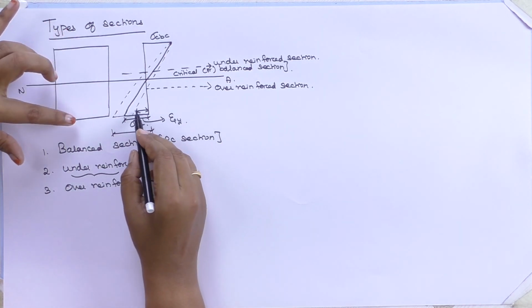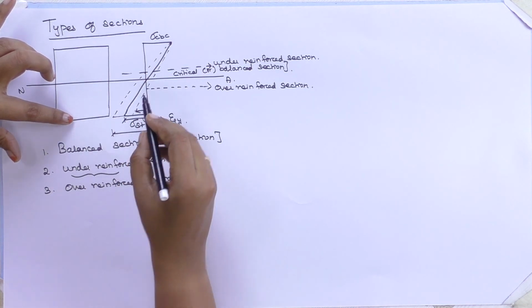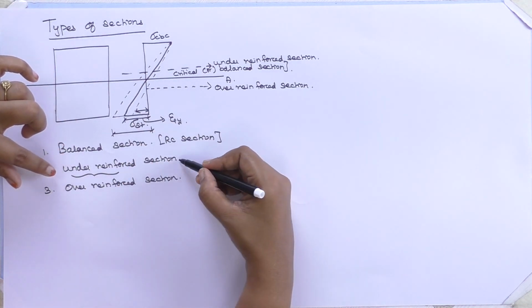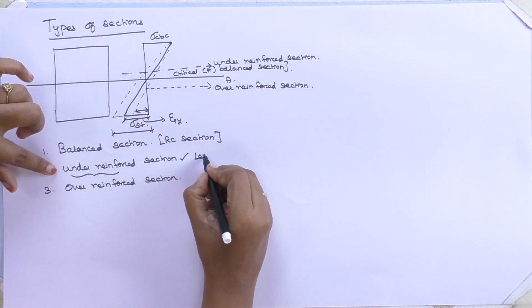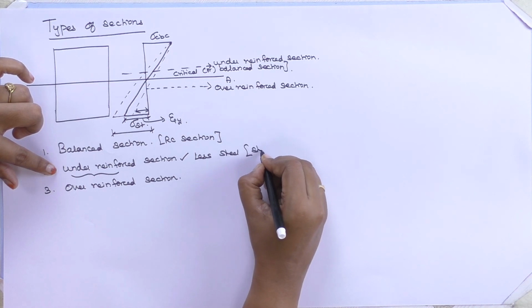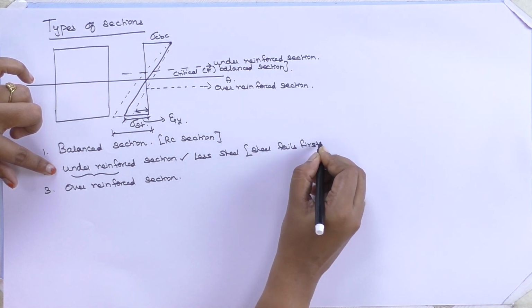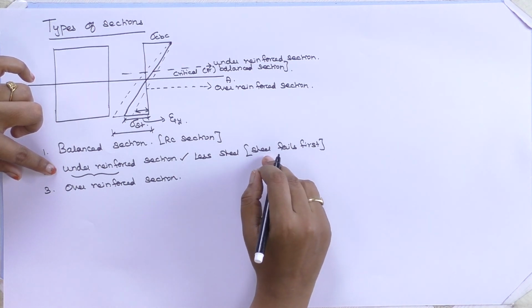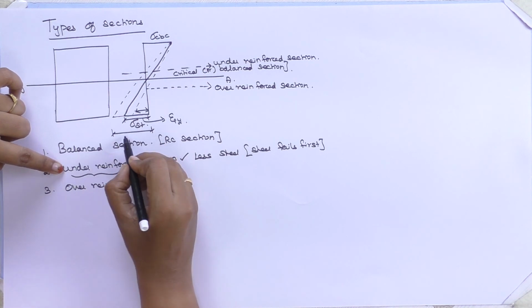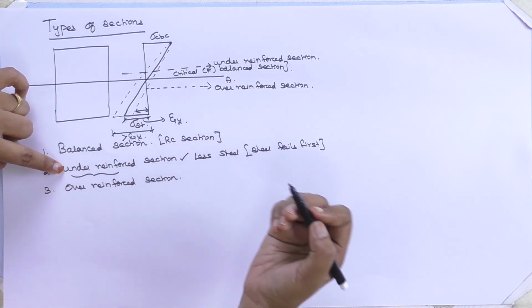So the strain for the balanced section is sigma y, whereas this under reinforced section we are putting less amount of steel, so steel fails first before the concrete is subjected to failure. So the under reinforced section, your strain value is greater than epsilon y.